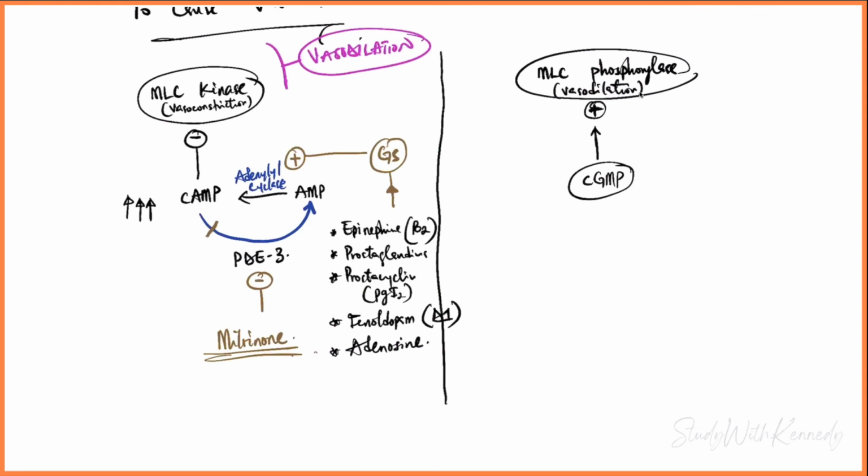And cGMP is gotten from GTP. cAMP from ATP, cGMP from GTP, okay? GTP is converted to cGMP. Now, again, just like we did before, after this conversion occurs, cGMP will be converted back to GMP with the help of the enzyme phosphodiesterase, again, PDE5.